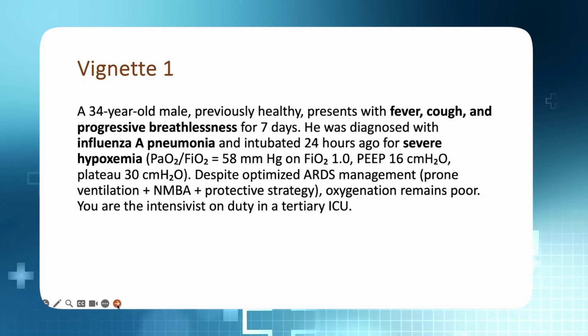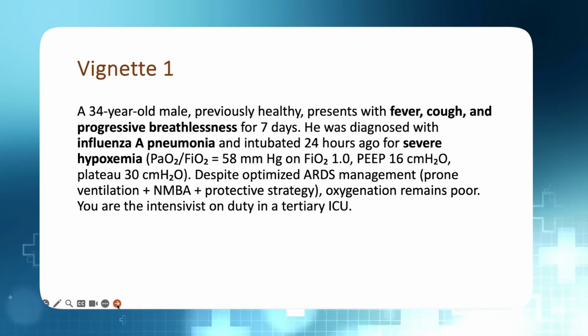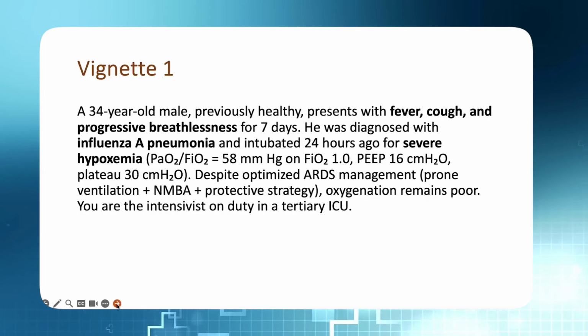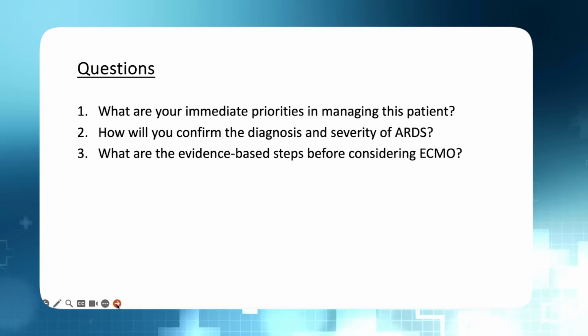I'm not going into the details of ARDS management, focusing on the ECMO. You have done prone ventilation, given the neuromuscular blocking agent, and done the lung protective strategy. Oxygenation remains poor. So, as an intensivist in the tertiary care hospital, what do you do next?